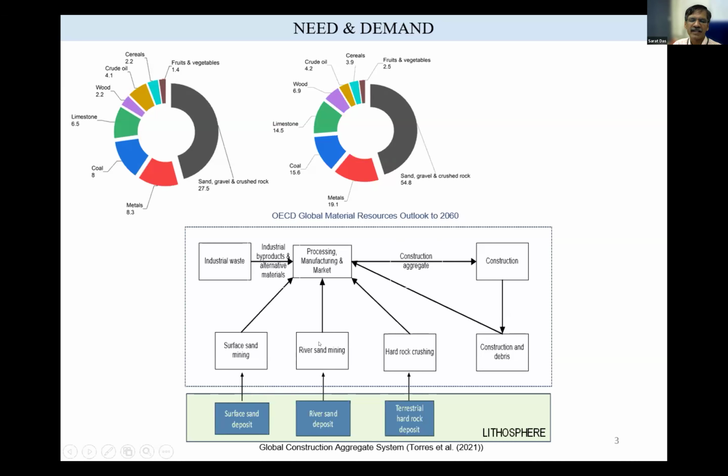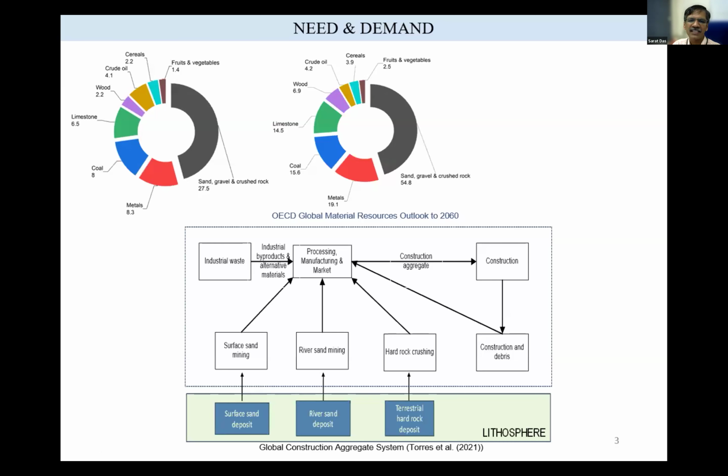of this geomaterial. But with the demand, this has many problems, particularly in terms of aquatic life, failure of river beds, and even social impact in terms of law and order situations.